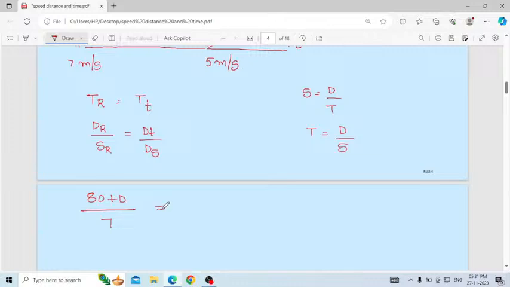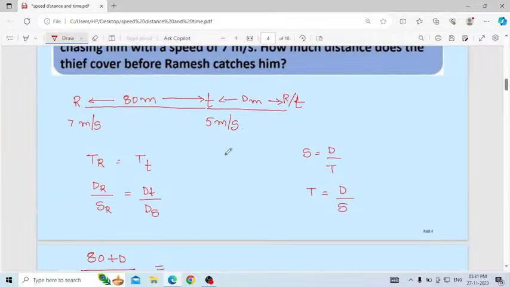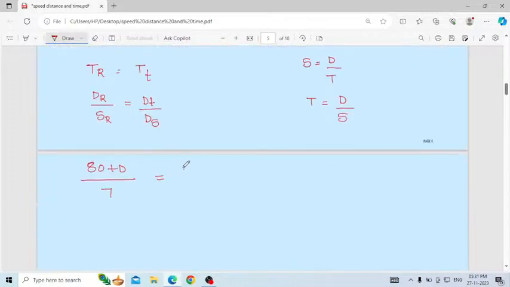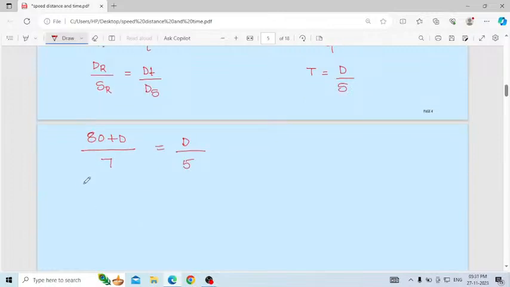This will be equal to the distance of the thief, which we have to calculate, consider as d, divided by his speed, 5 meter per second. Then cross multiply: 5 into 80 plus d is equal to 7 into d.